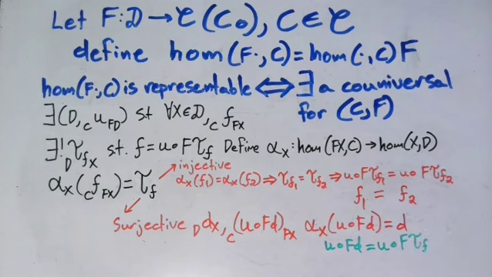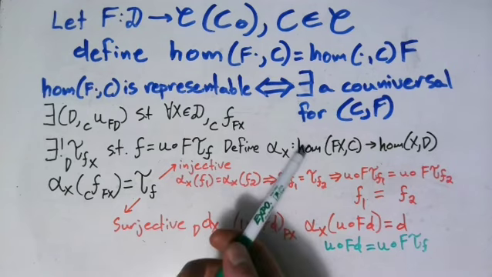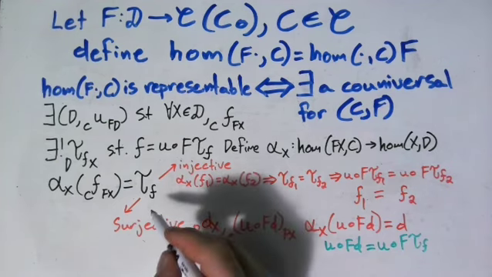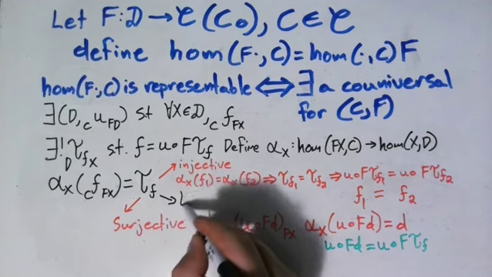So it is unique and it satisfies the definition, which means that lambda x of u after f of d is equal to d, which means we have some element of hom(fx, c) which maps to d. And so this function is surjective. And so what we can say is that it's surjective and injective, and therefore it is bijective.